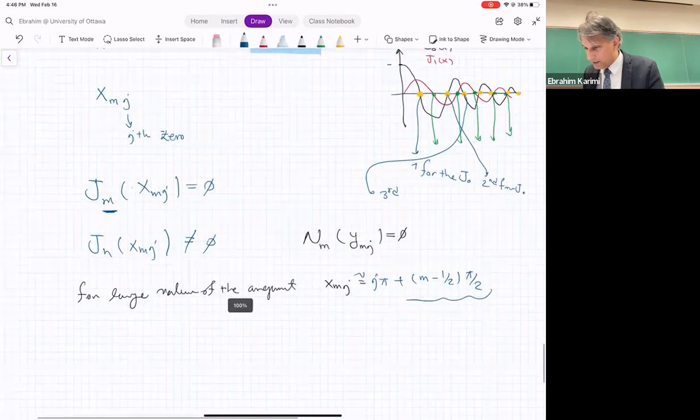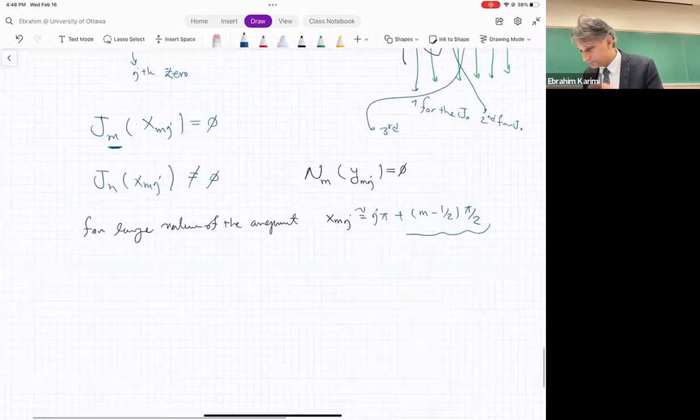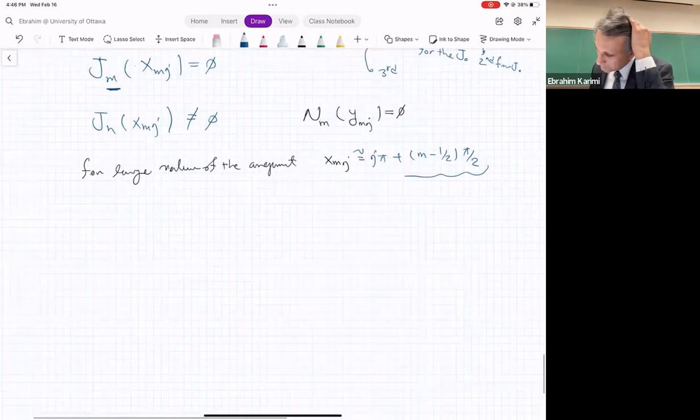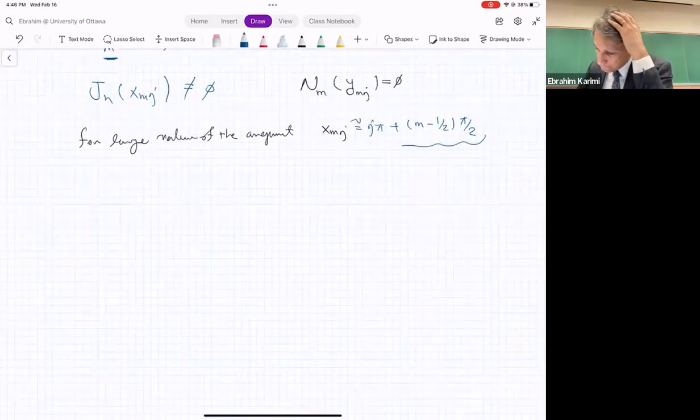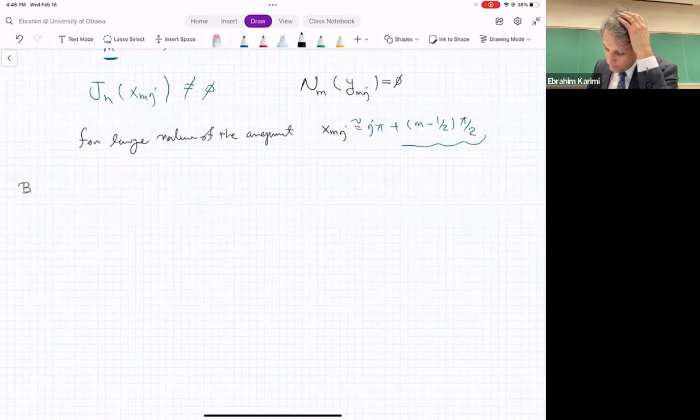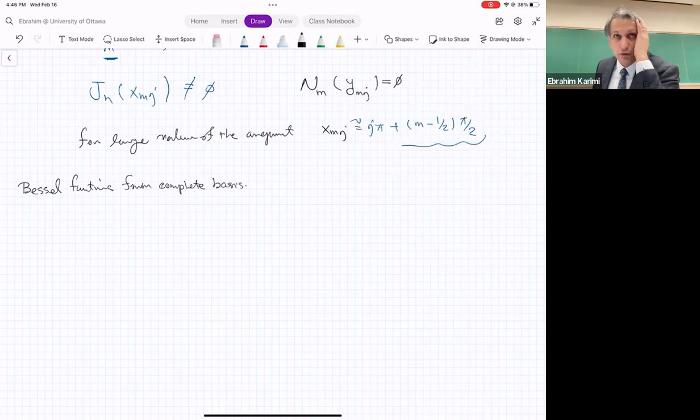Now let's go back and learn a little bit more about the Bessel function. Bessel functions form complete bases, which is an assignment that you have to prove. But also the Bessel functions in a domain that we will discuss will form a complete basis.